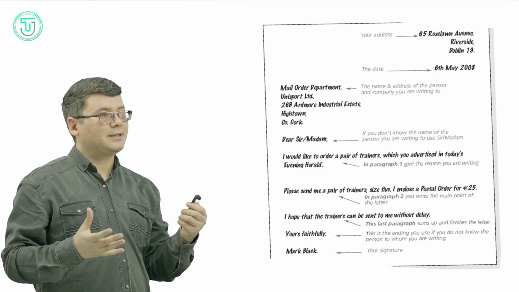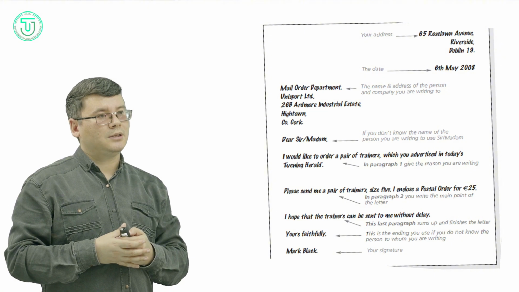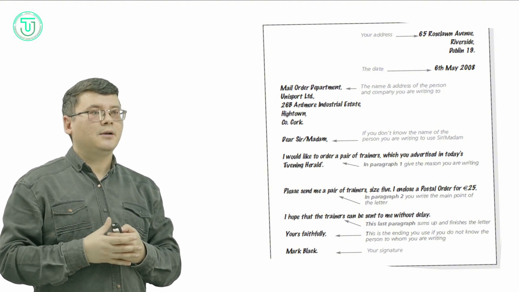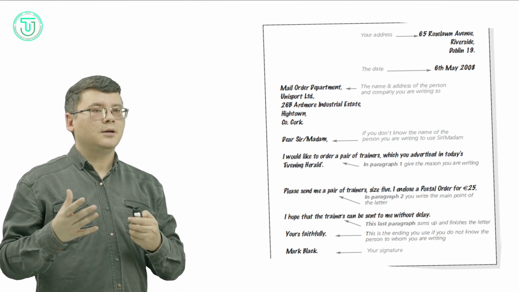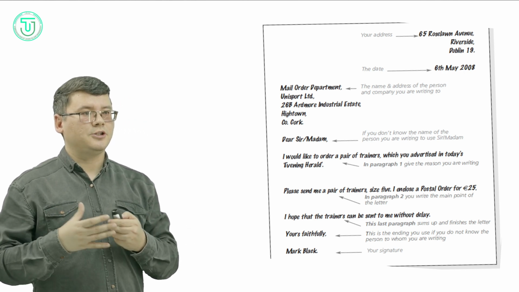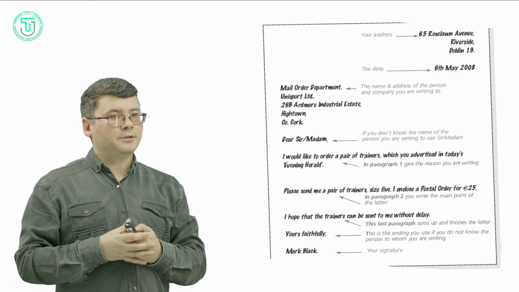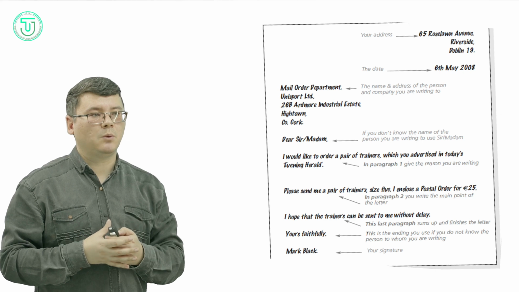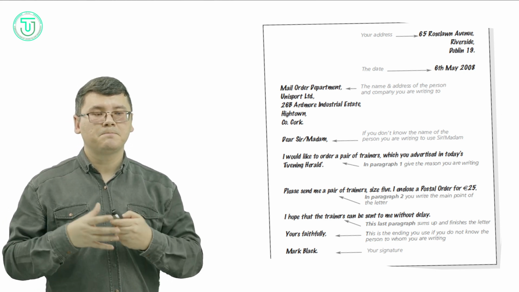On the top right hand, you can see the address and date, while on the left side, you can see the address of the receiver. Then the greeting, like Dear Sir or Madam. Next, paragraph number 1: give the reason why you are writing.